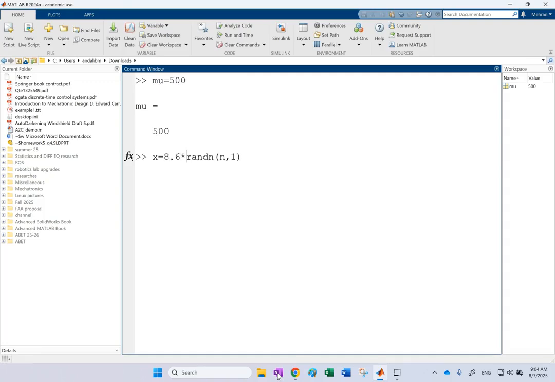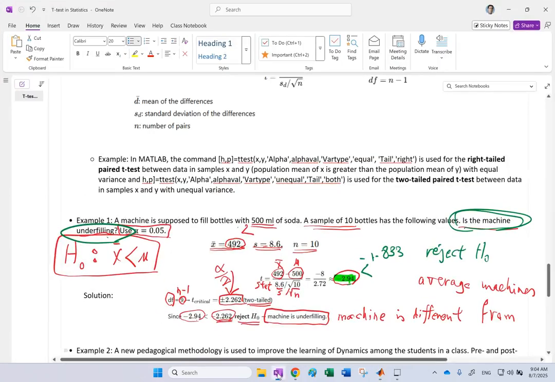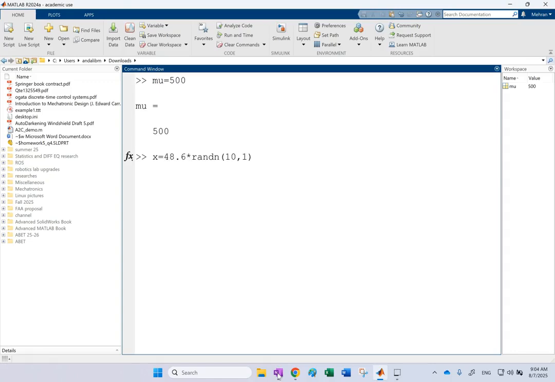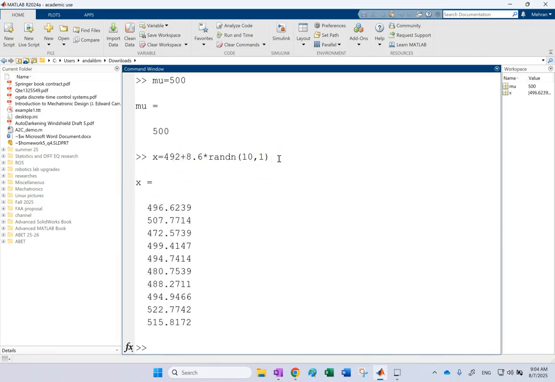So now their standard deviation is going to be 8.6 instead of 1. And to shift their average from 0 to 492, I add 492 to it. So now I will get 10 data points with that standard deviation and that average. So let's go ahead and generate. So let's say these are the data that I read from those bottles.